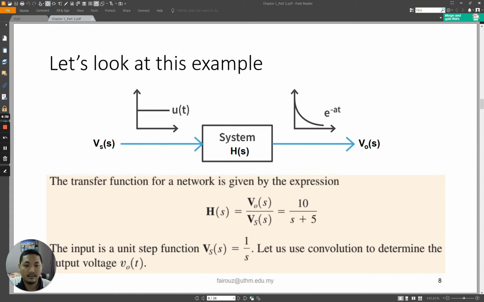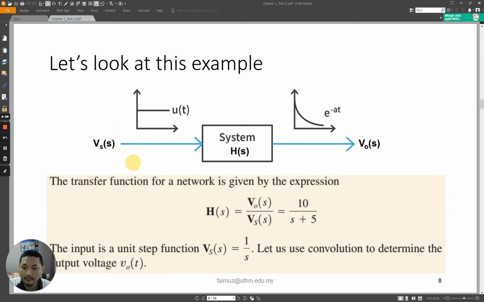Let's look at this example, the first example of convolution. We have the system which is represented by H(s), or V out over V in. The transfer function of the system is given by 10 over s plus 5.